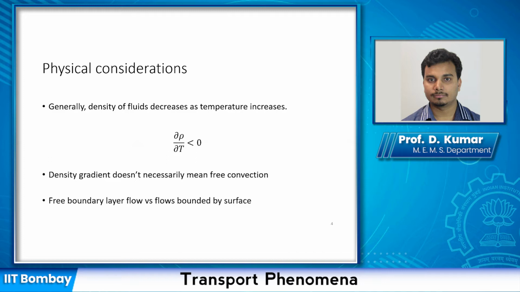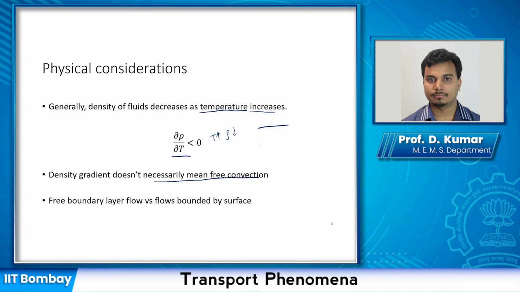Okay, so typically, as we have said, in general the density of a fluid decreases as temperature increases. Of course, there could be cases, for example water, where some anomalous behavior is there, but generally, as your temperature increases, your density decreases. But a density gradient does not necessarily mean free convection. You should be aware of that.